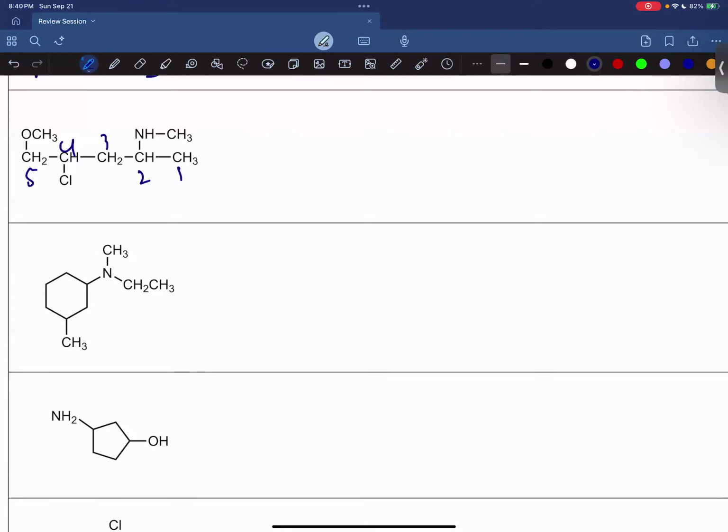So moving down the line, we have a 4-chloro. Be sure to spell your functional groups correctly because we do take points off of that, unfortunately. Followed by a 5-methoxy. And finally, I should have mentioned this beforehand, but my bad.